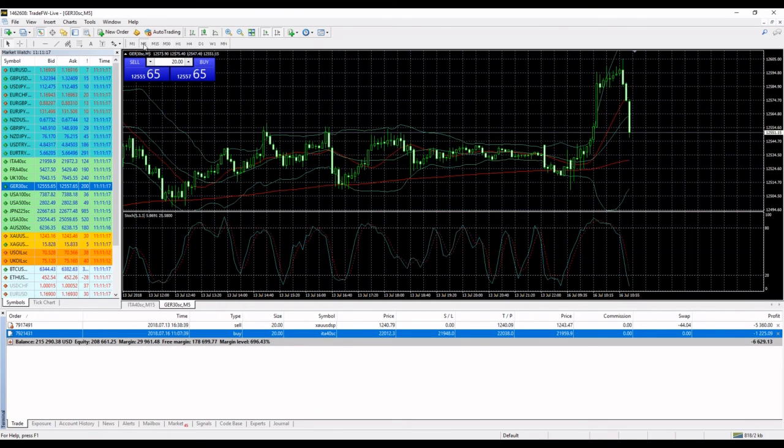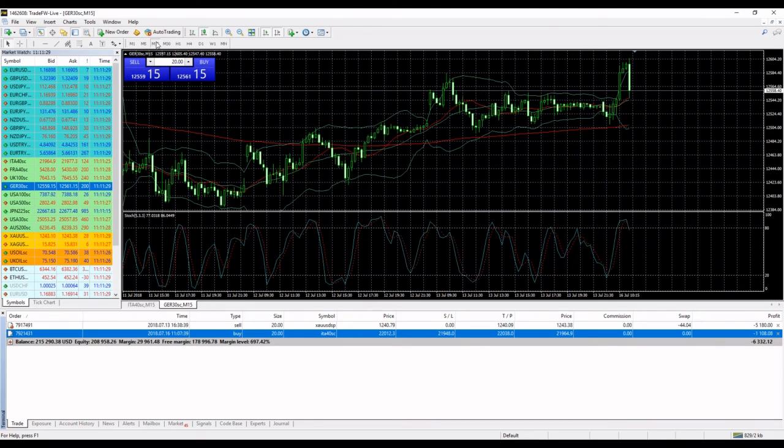Okay, you see the drop goes quite strongly down. I'm wondering if we can get a better price to enter.